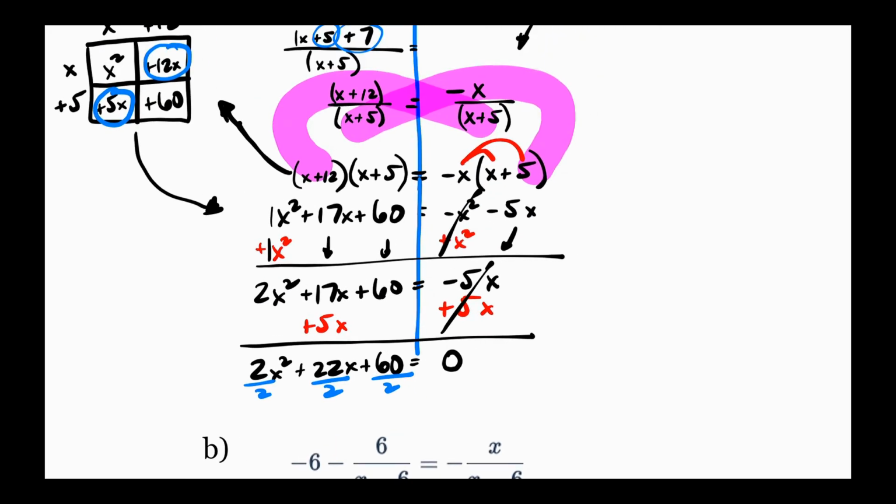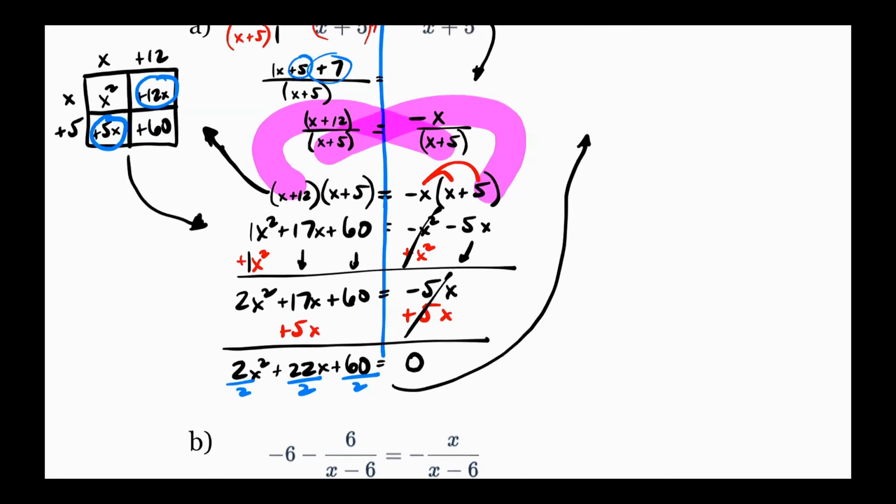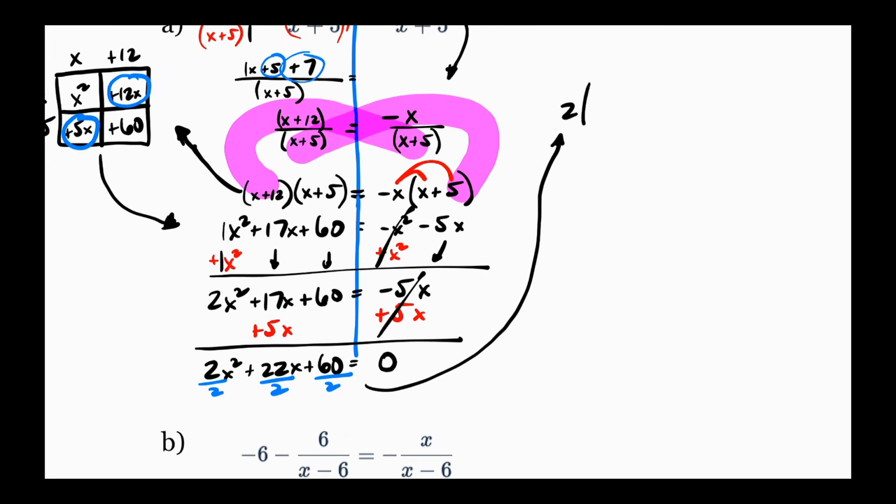I'm running out of room here, so let me move over here now. When I divide them all by 2, I get x squared plus 11x plus 30. Now, on the inside, I can do ABC.